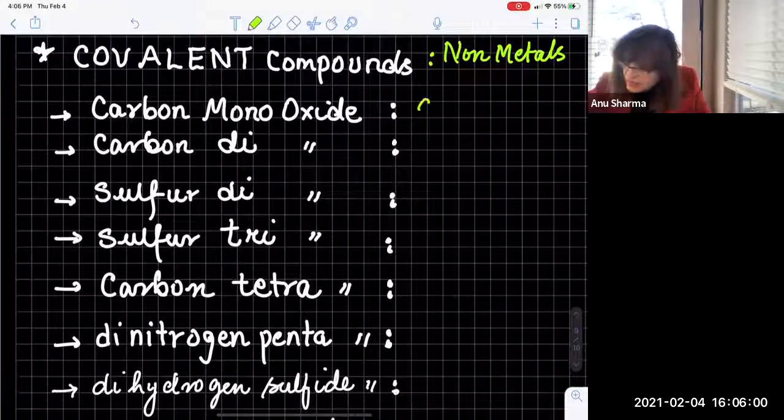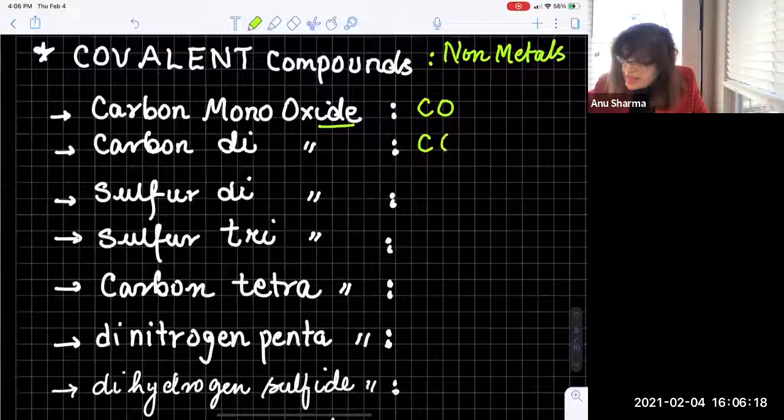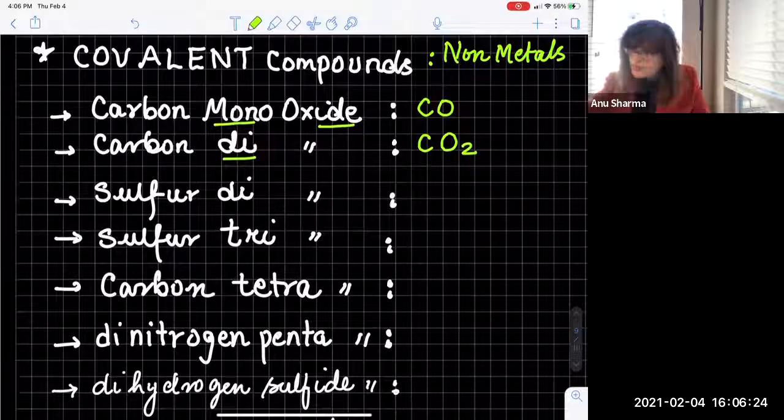All right, and so now we have carbon monoxide. So here is your carbon. Mono means one, oxide means that it is just one oxygen, like one kind of atom. So this is carbon monoxide. But when we say carbon dioxide, we are saying two atoms of oxygen. So this mono, di applies to what it is connecting with, what the next element is.